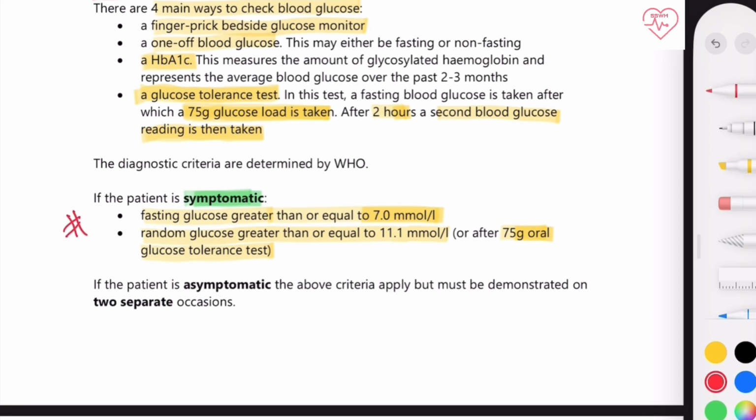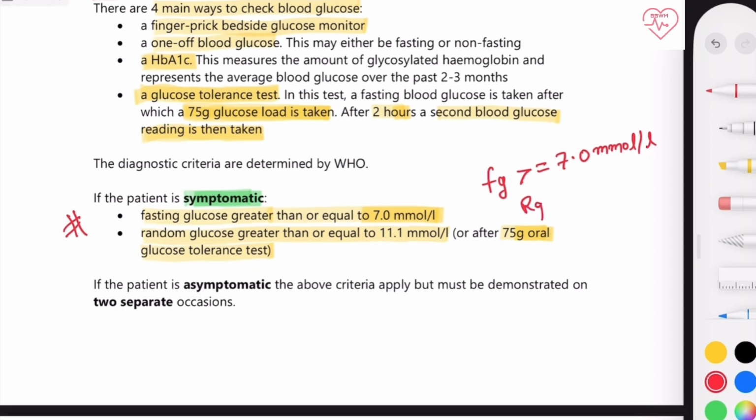If a patient is symptomatic, the fasting glucose will be greater than or equal to 7.0 millimole per liter.